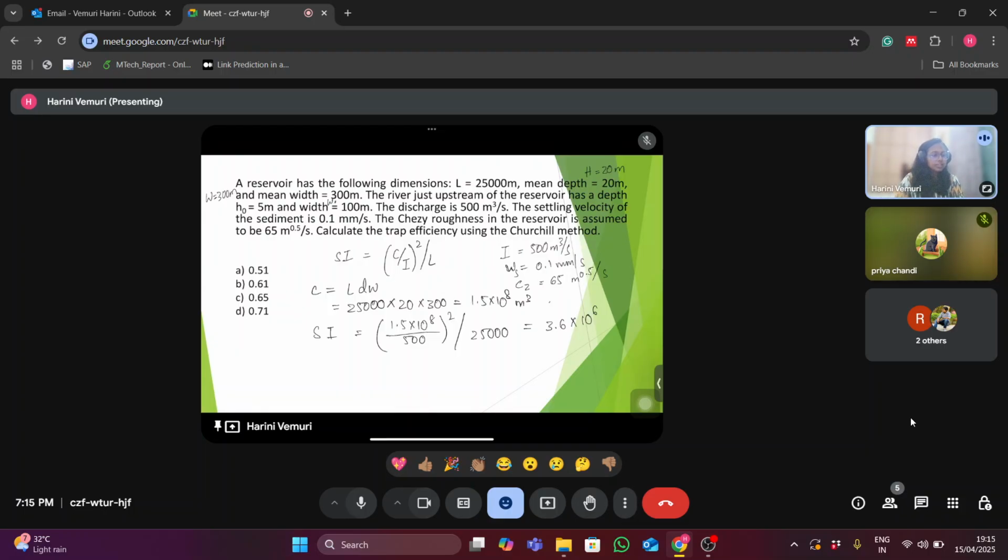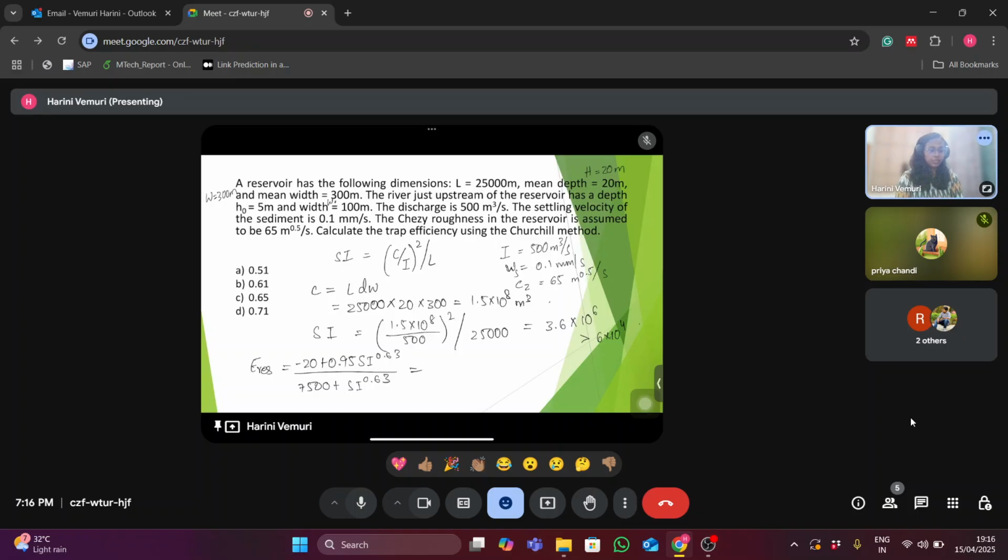Since this value is greater than 6 into 10 power 4, it falls under the 2.5a condition. For that we use E equal to minus 20 plus 0.95 SI whole power 0.63 by 7500 plus SI whole power 0.63.